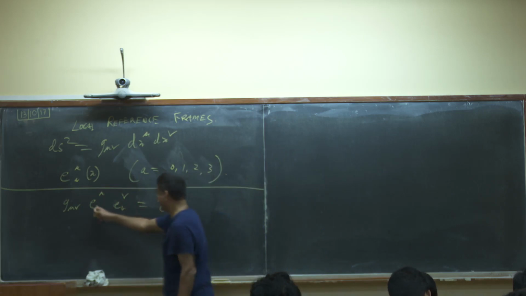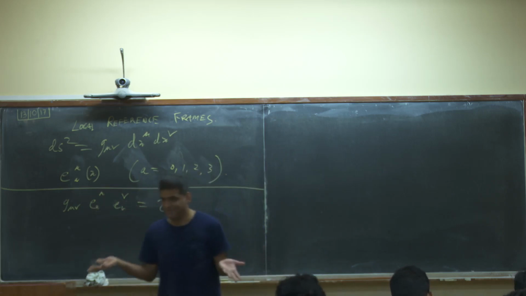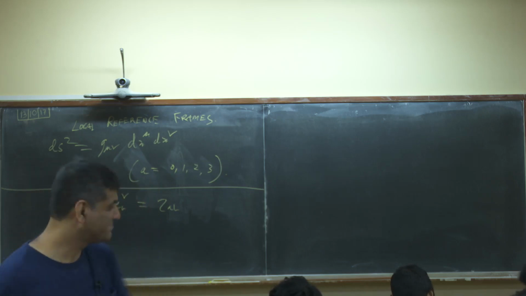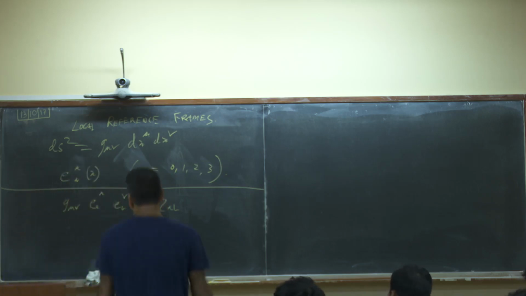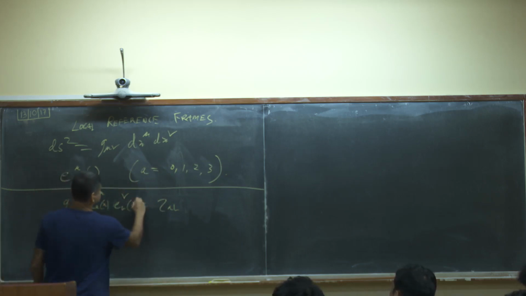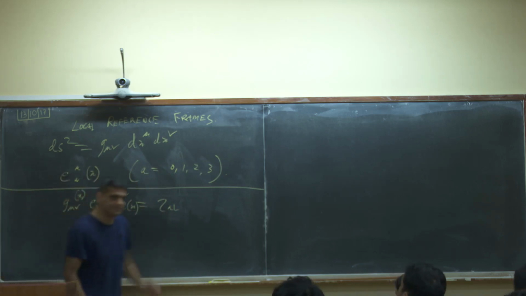At the moment, these A and B indices have nothing to do with space-time. They're some auxiliary indices. Eta A B is just some matrix. This guy was a function of x. This guy was a function of x. This guy is not a function of x.